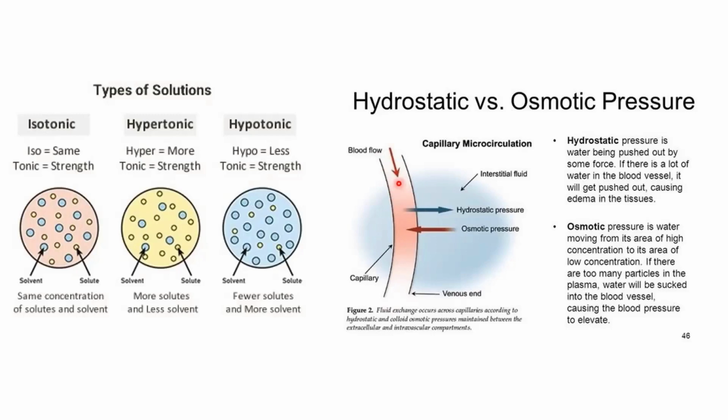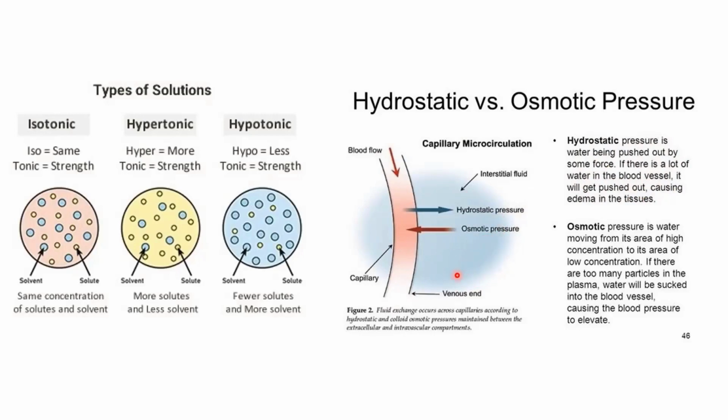Fine? Because of this hydrostatic pressure, water is going to be pushed outside of this capillary, right? So you see, hydrostatic pressure is water being pushed out by some force. If there is a lot of water in the blood vessel, it will get pushed out, causing edema in the tissues. Edema is actually the accumulation of water around your capillaries or inside the cavity.